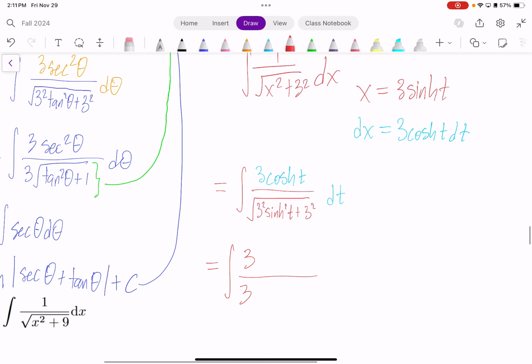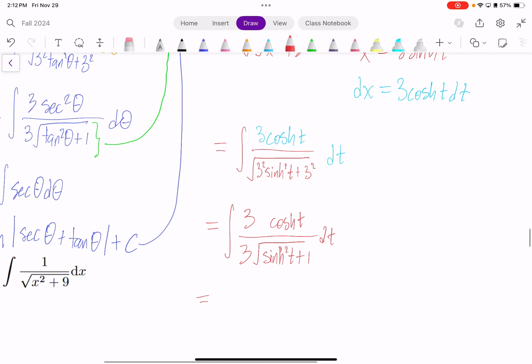Those 3's are going to cancel, so we'll have 3 over 3, and we'll have the root of sinh squared t plus 1 over cosh of t dt. What's the root of sinh squared plus 1? Cosh, yeah. So remember, this is the integral of cosh of t over cosh of t dt.